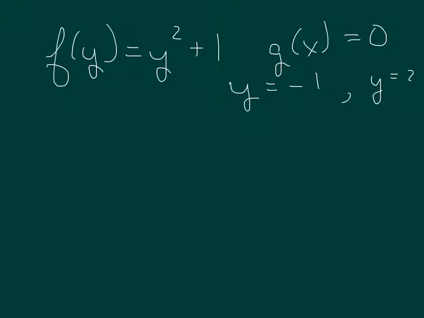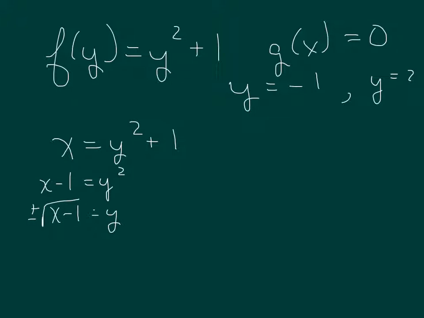If we change that function to x equals y squared plus 1, the only reason I'm doing this is to help me graph it, because you may not remember from last year when we did conics what this looks like. So this is going to be x minus 1 equals y squared. So y equals plus or minus the square root of x minus 1. This is going to be a sideways parabola.